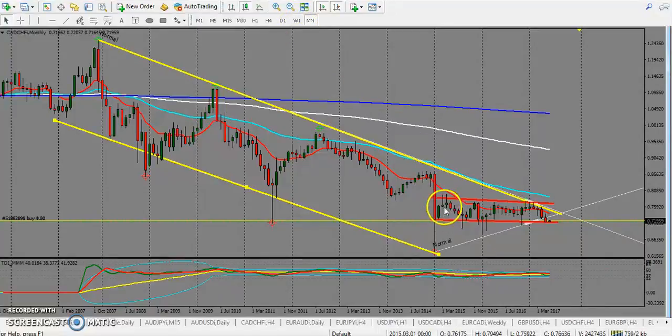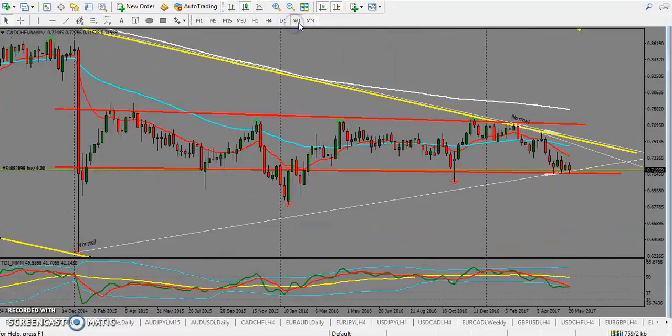So basically, this is a weekly structure at this point. In a weekly, it's just been respecting the zone. Yes, there has been some slight rejection, but it comes right back inside the zone each and every time.